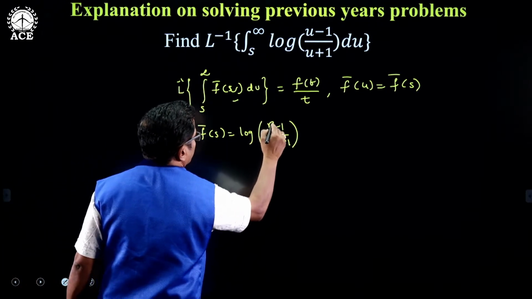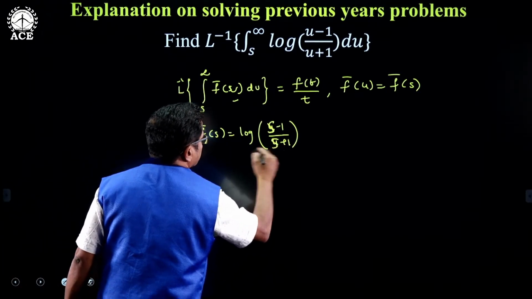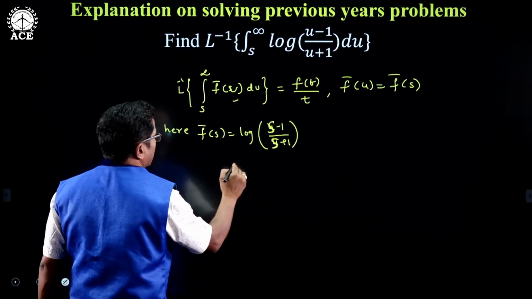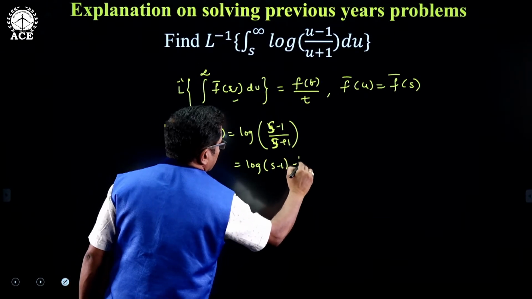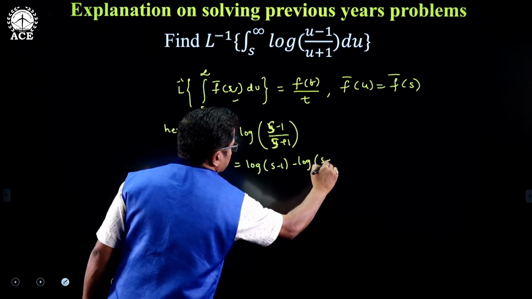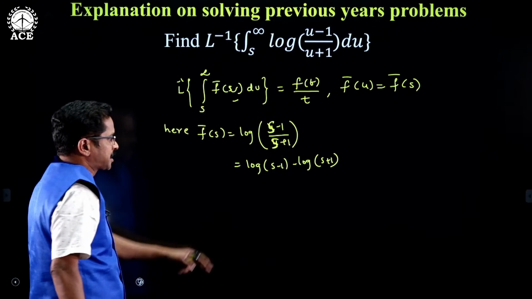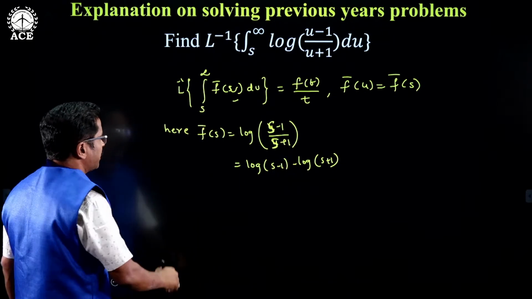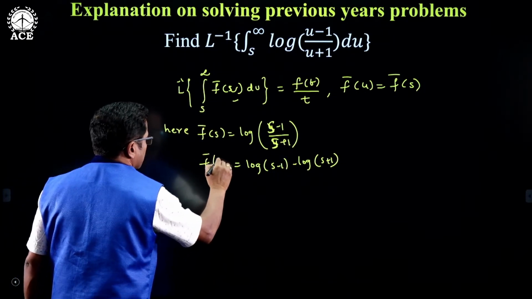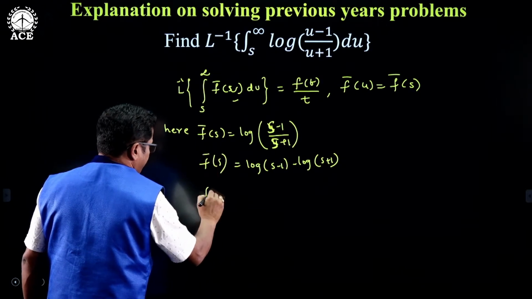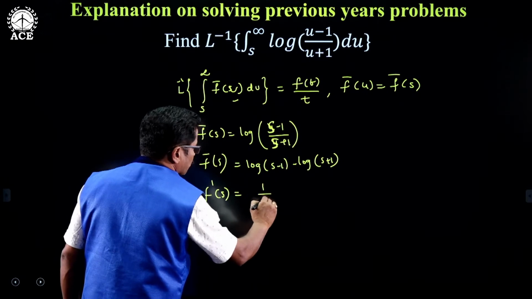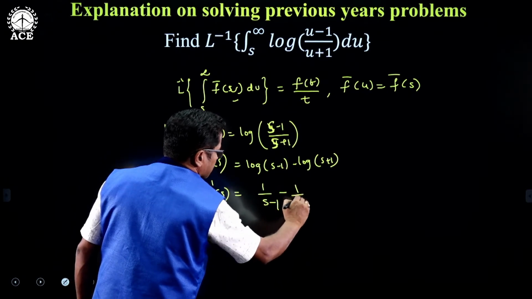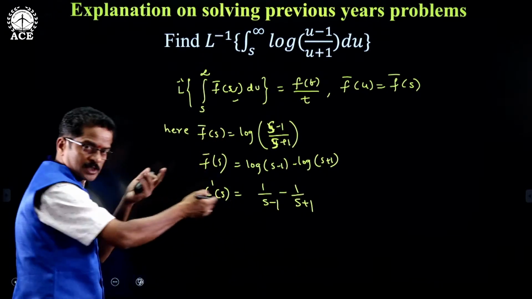So here I will apply differentiation. That is, log of s minus 1 by s plus 1 means log of s minus 1 minus log of s plus 1. This is f bar of s. Now differentiate f bar of s, then you will get 1 by s minus 1 minus 1 by s plus 1, and take the inverse Laplace transform.